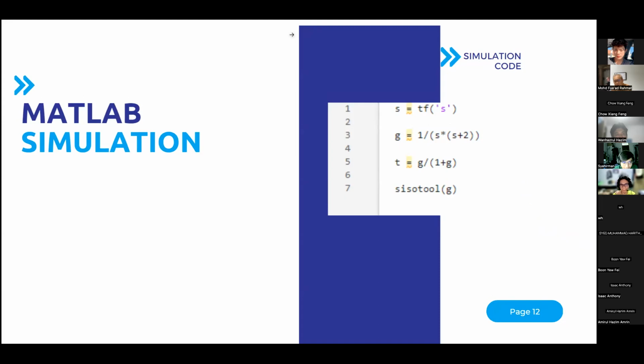Syahirman? Sorry, Doctor, I don't remember. Single input, single output. Is that right? Single input, single output. Okay, continue.